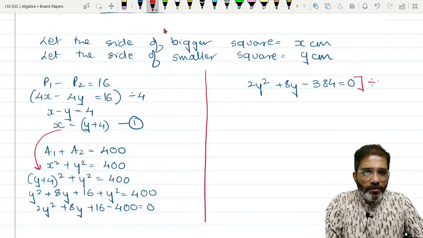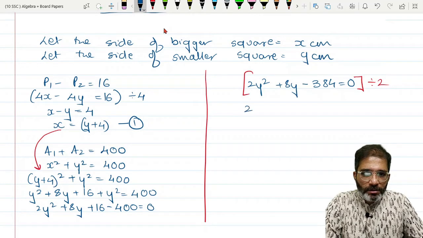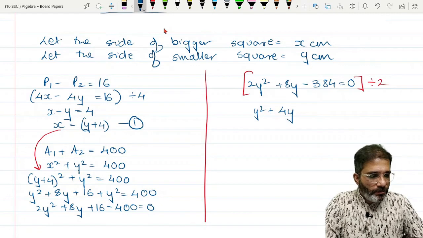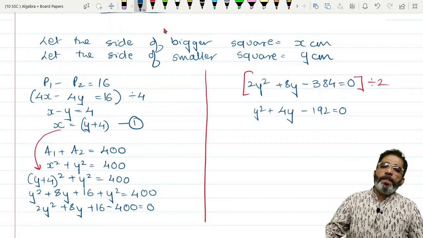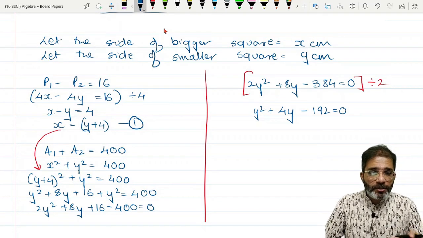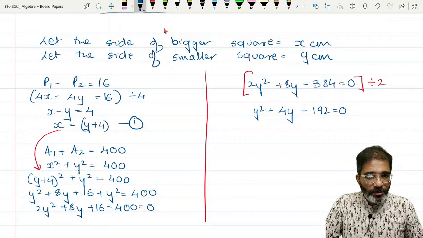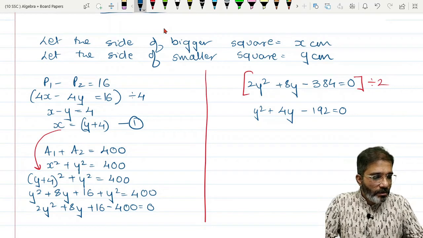I can divide the whole equation by 2. What I get is y square plus 4y minus 192 equal to 0. So again we have a quadratic equation and we have to solve this equation by the factorization method. I want two numbers which multiply to give 192 and add to give 4.